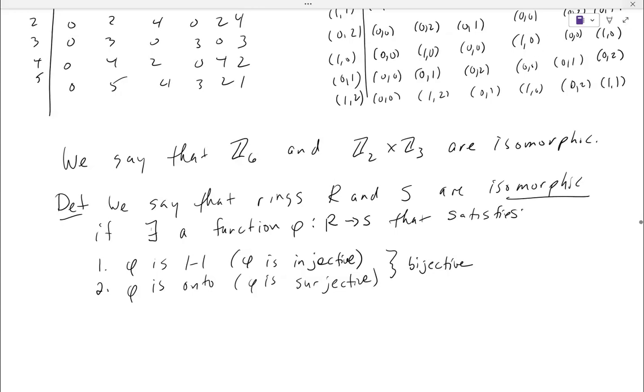What else? 0, 1, and 1, 0. Now again, I'm doing this under addition. And in particular, let's just look at the diagonal. If I add 0, 0 to 0, 0, I get 0, 0 again, right? If I add 1, 1 to 1, 1, what do we get? 0, 0, right? If I add 0, 1 to 0, 1, what do we get? 0, 0. 1, 0 to 1, 0 gives me 0, 0, right?